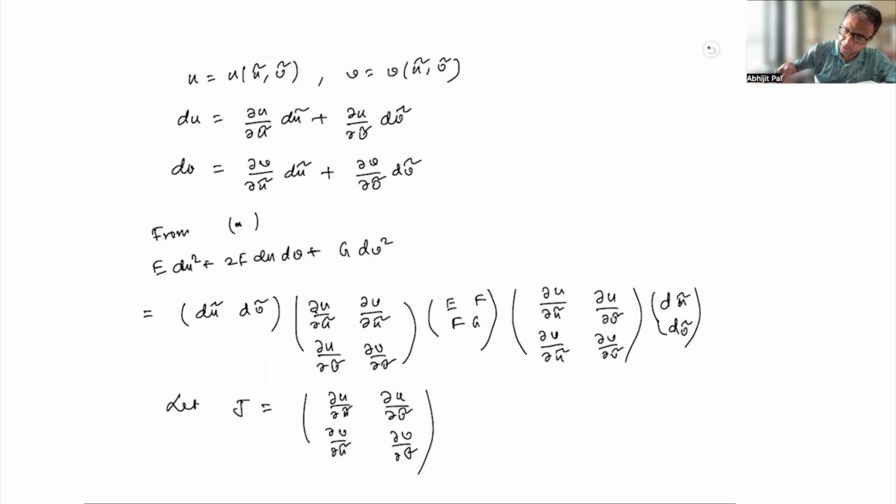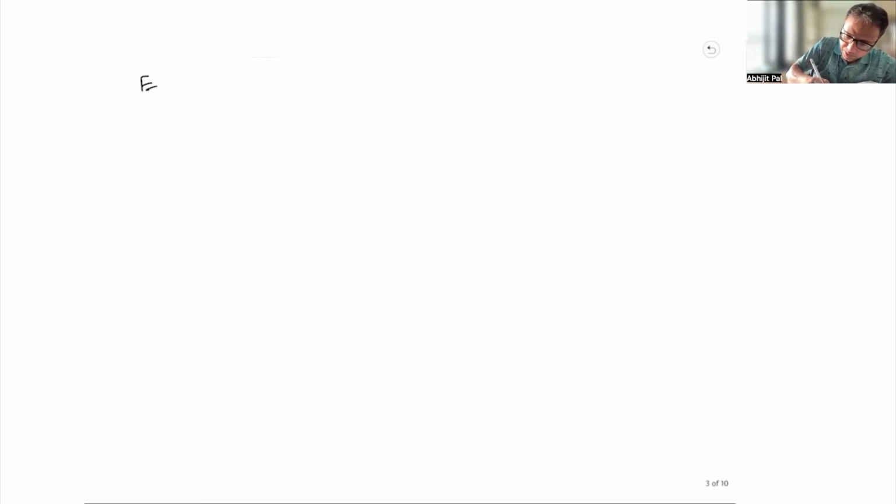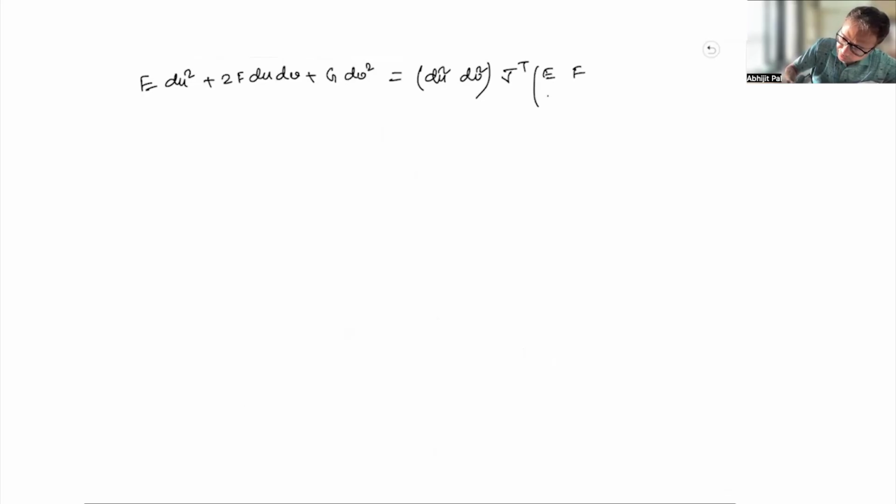Therefore, this first fundamental form, E du square plus twice F du dv plus G dv square, will be equal to du tilde, dv tilde, J transpose, E F F G, J, du tilde, dv tilde.